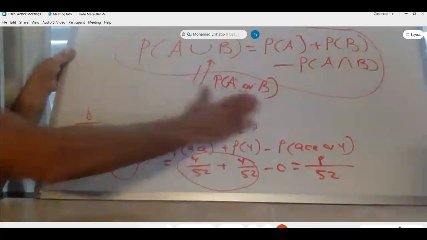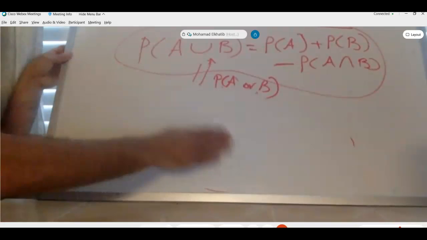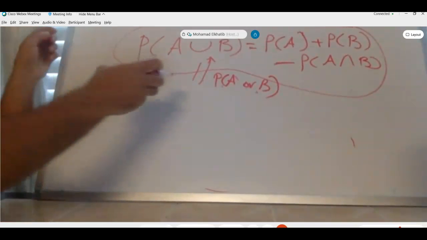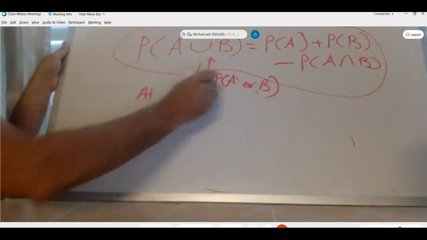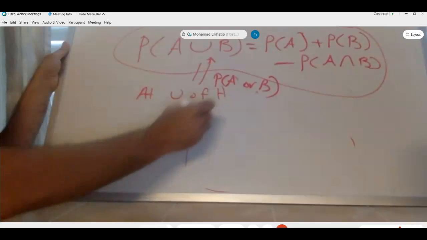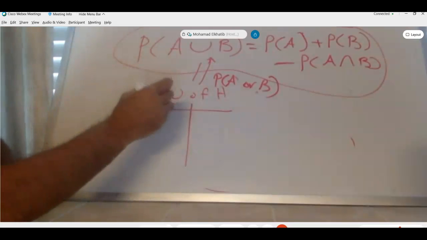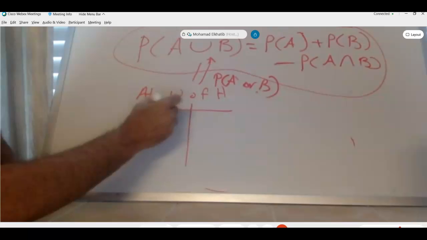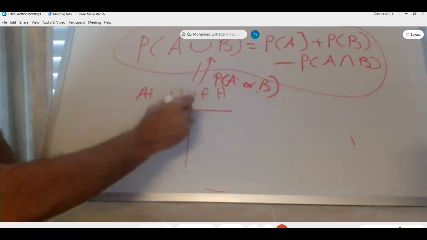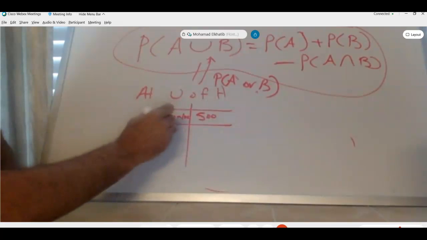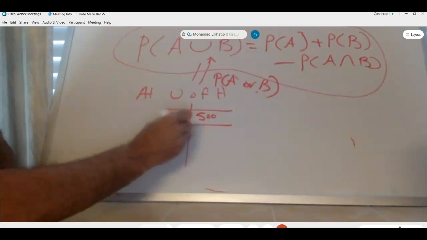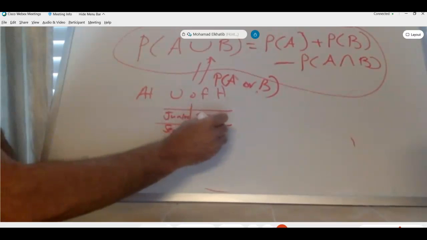Okay? All right. So let's say you have this example. At U of H, University of Houston, you have this chart here. Juniors, you have 500. Seniors, 300.